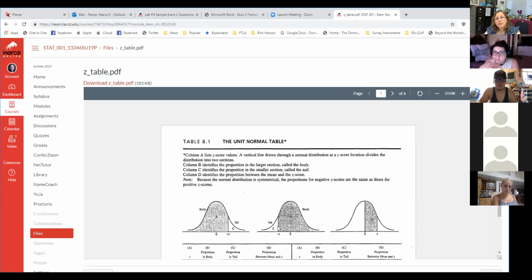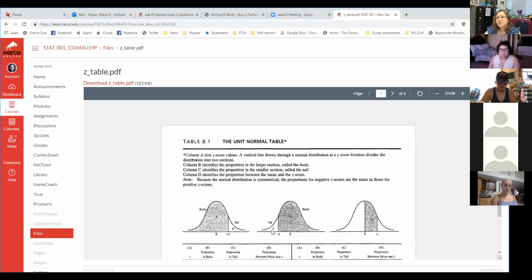So take a look at these. If it's a negative z and the mean is included, that's the body. If it's positive and to the left, the mean is included, that's always the body. And if we're looking at a positive z and to the right, anything higher, it's the tail. The same thing if it's a negative z and we're looking for lower, it's the tail.